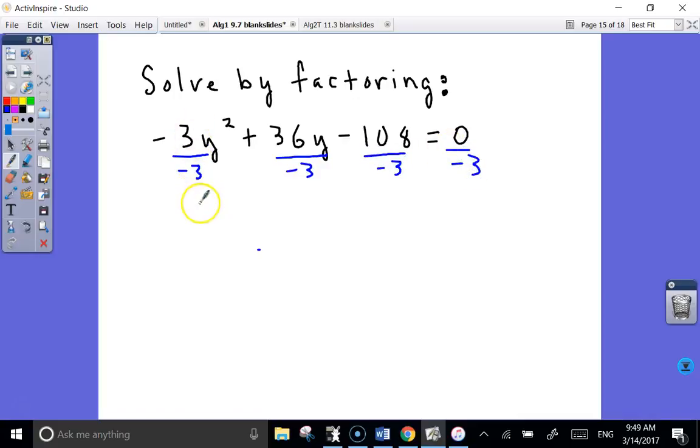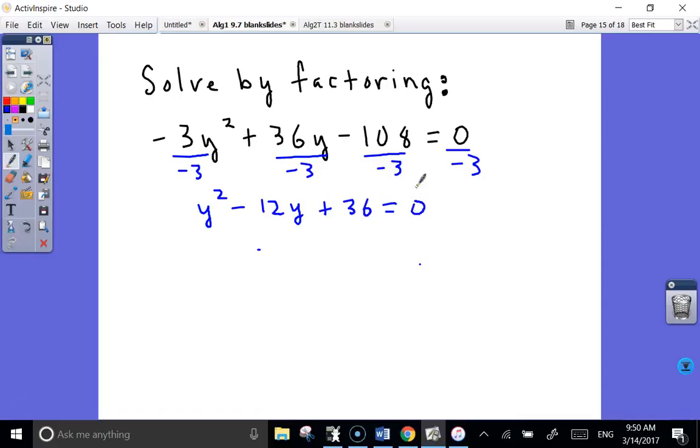Okay, the first term then becomes a positive y squared. What's 36 over negative 3? Minus 12y. What's negative 108 over negative 3? Calculator time. 36, so plus 36 equals 0.